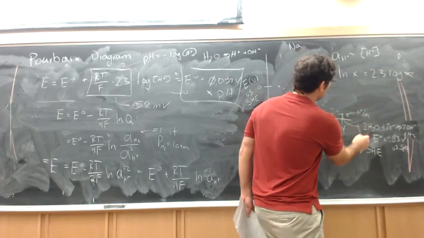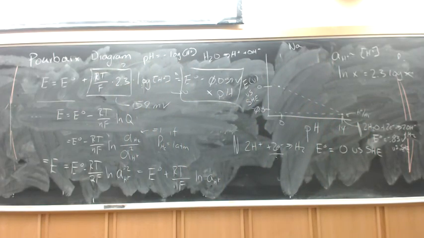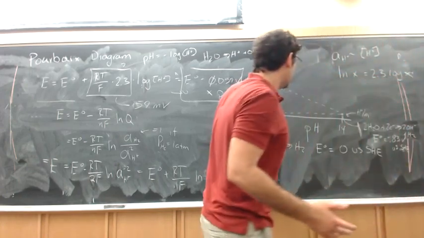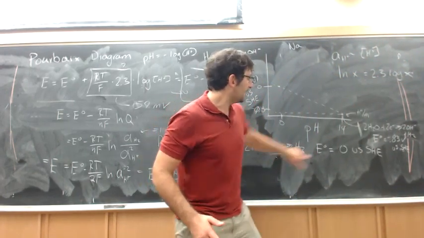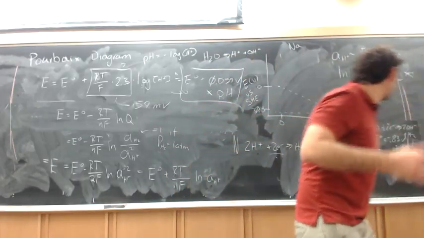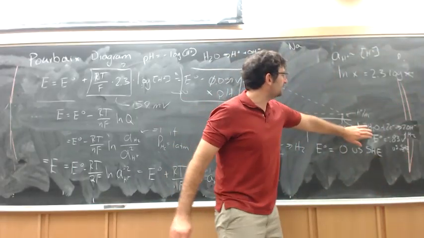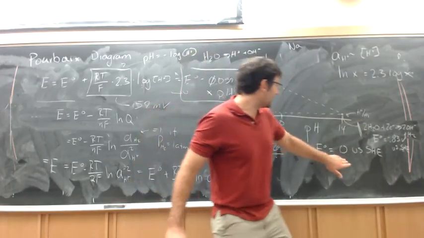So what's different between this reaction and this reaction? The pH is different, right? They're the same reaction. I could add 2 OH minuses to both sides of this equation and get that one. You see that? It's just that this is happening at pH 14, and this is happening at pH 0.